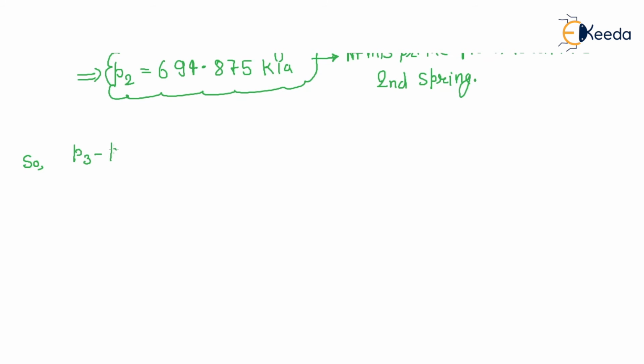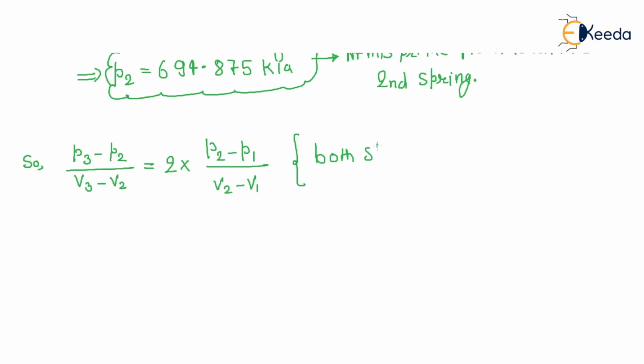P3 minus P2 divided by V3 minus V2 is equal to 2 into P2 minus P1 divided by V2 minus V1. Why? Because both springs are compressed. So compression forces are double, so slope is double.